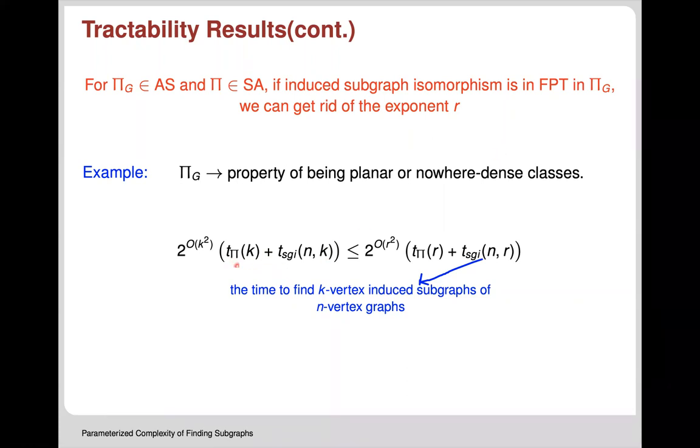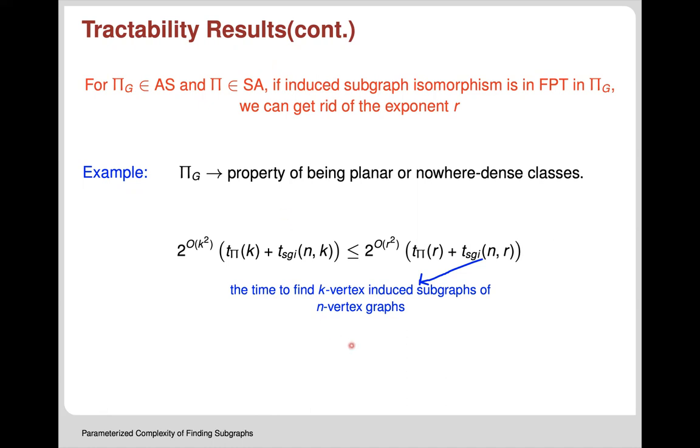If it satisfies both pi and pi g, then we return yes, otherwise we return no. In this case, you can see that we get rid of the dependency of R on N, and then this T of pi of R is with respect to pi, and similarly you have this FPT running time for subgraph isomorphism for pi g. So this particularly says that if your graph is planar, then this problem can be solved in linear time if your pi is an SA property.